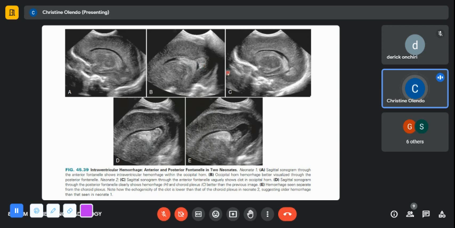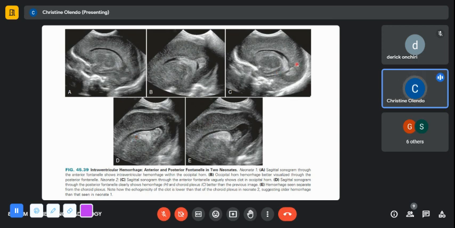When we move to image C, this is another neonate, but with a similar presentation, with an echogenic collection within the occipital horn of the lateral ventricle. Image D is now showing the changes with time.